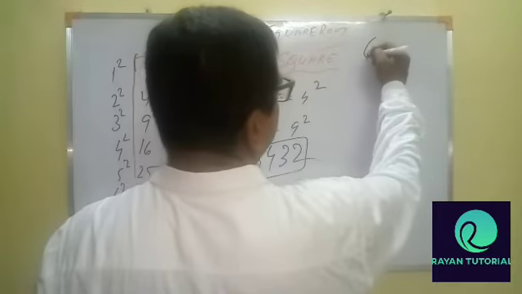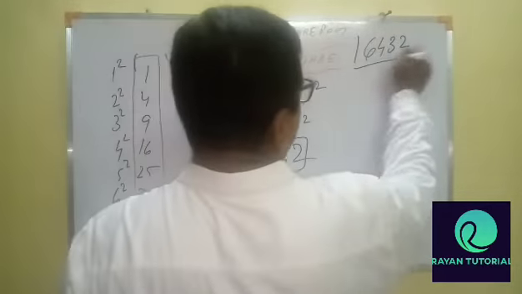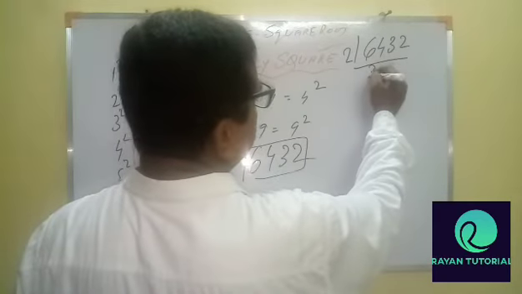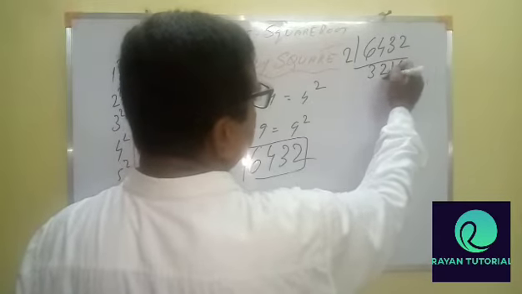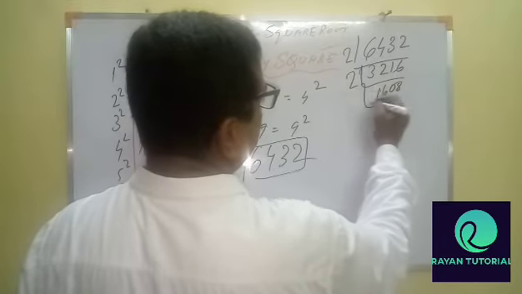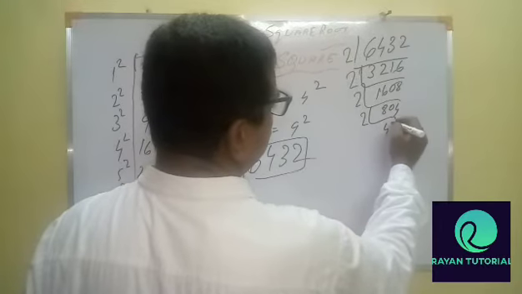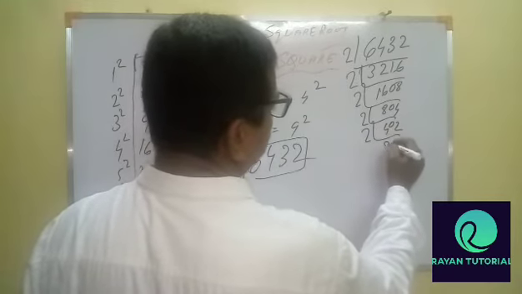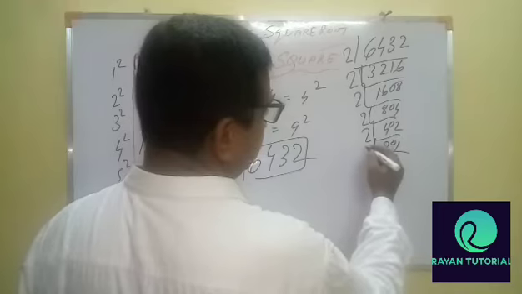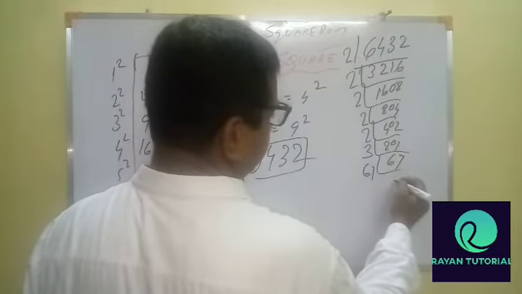We should factorize 6432. 2 3s are 6, 2 2s are 4, 2, 2, 2, 2, then 3, next nothing else.